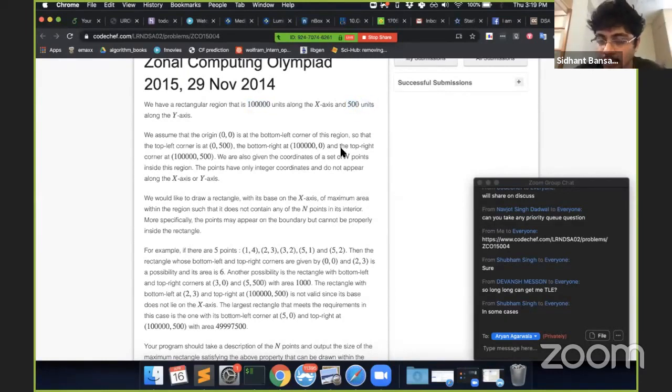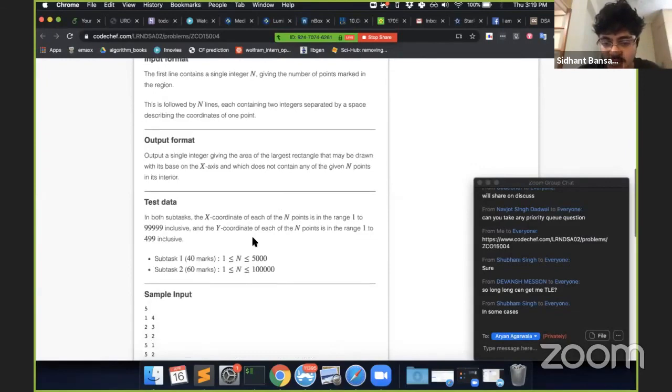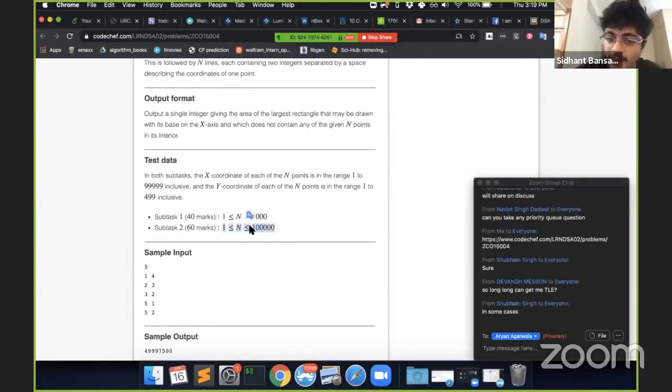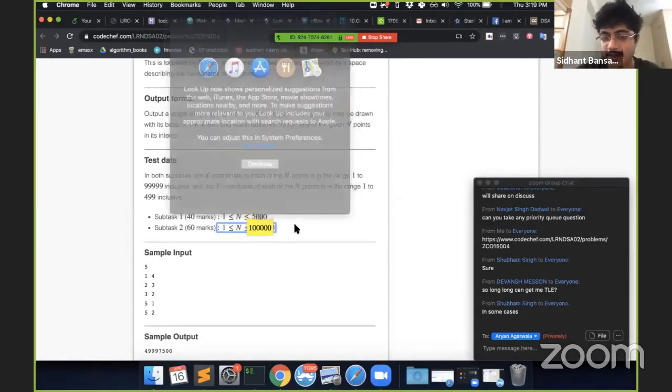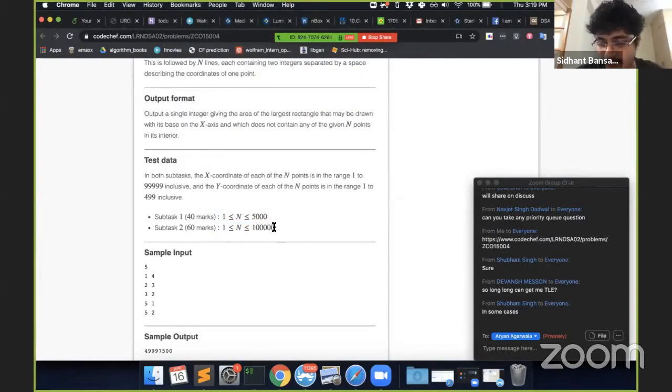But don't use them unnecessarily, because in some problems you might be stuck in the TLE scenario. Obviously in this problem, I don't think you'll be stuck, because if your solution is order n, then even if it's a slow order n, it will still pass for 10 to the 5. If it was 10 to the 6, it might have been slow with long longs.